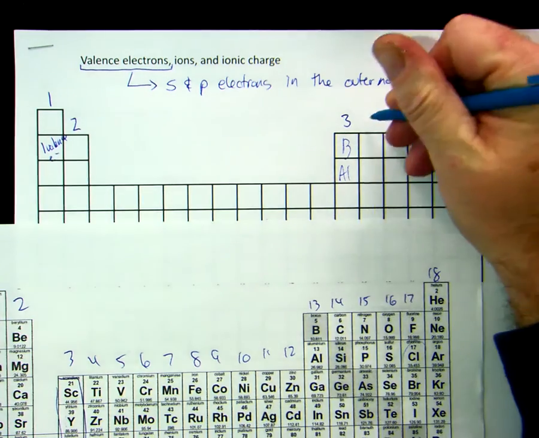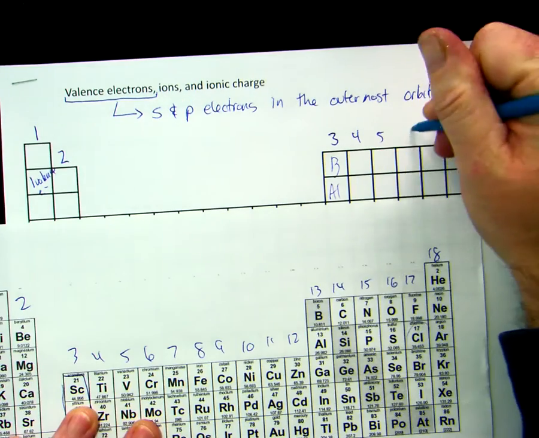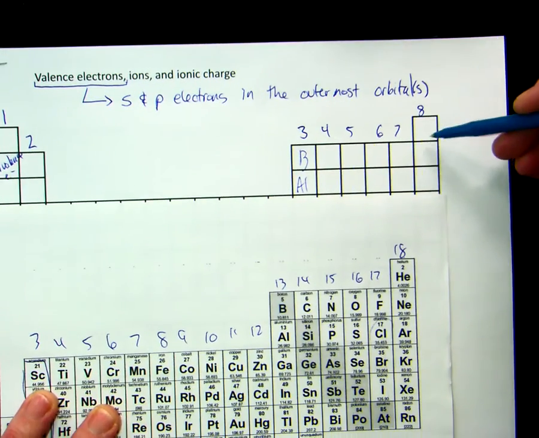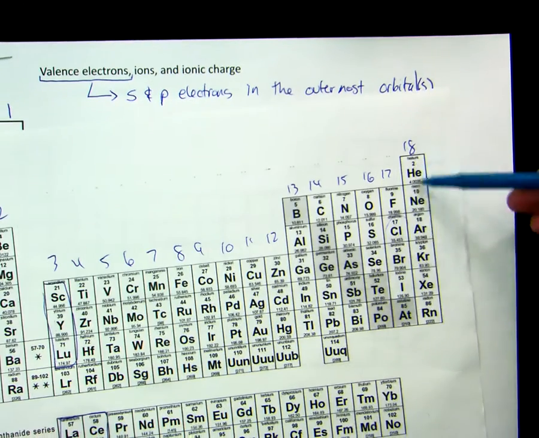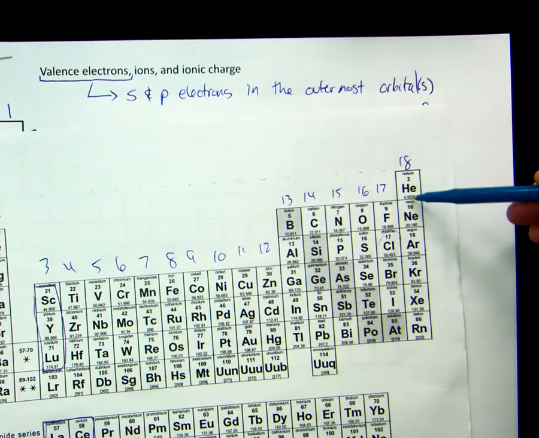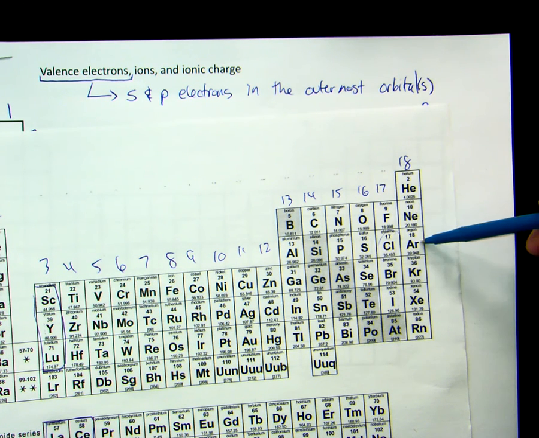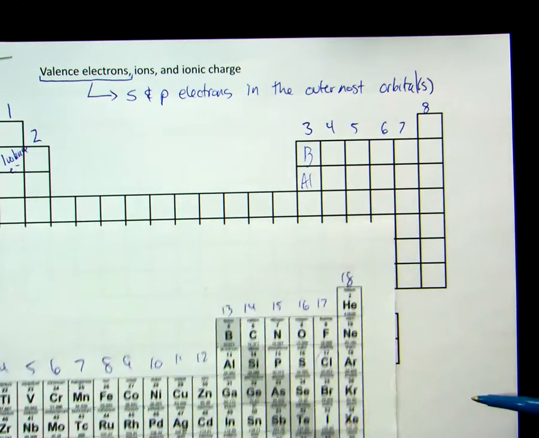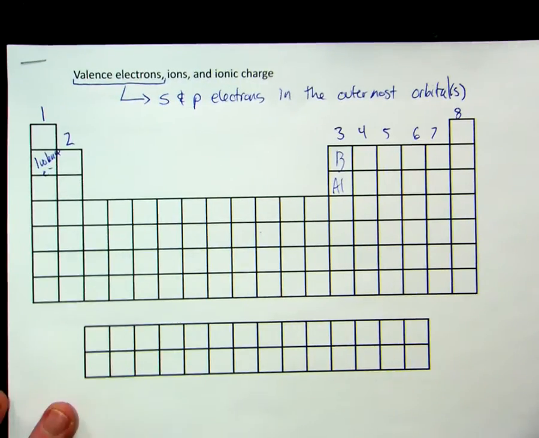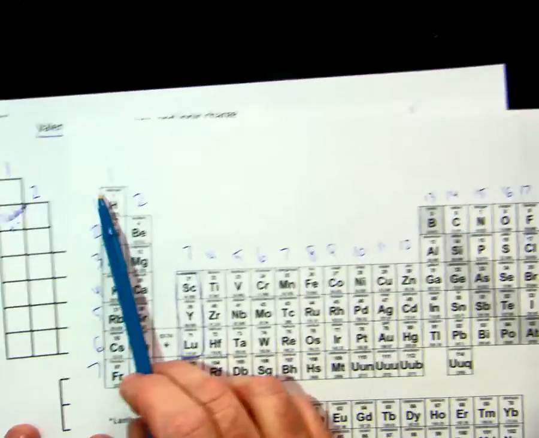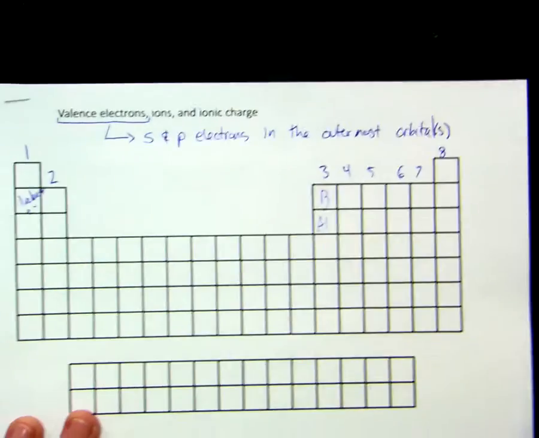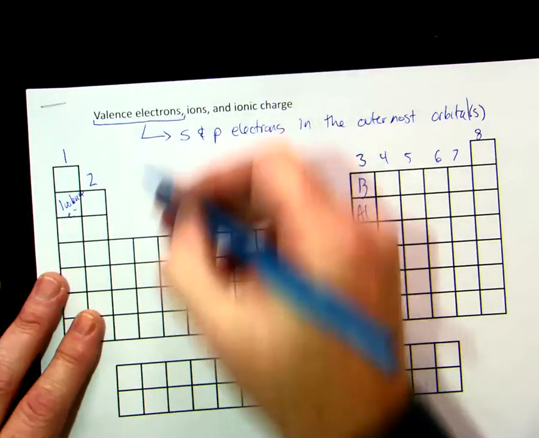So we put 3, and then we go across until we get to the noble gases, whose last electrons would be 2s2, 2p6 for neon, and 3s2, 3p6 for argon. So these all have 8 valence electrons. I want to make it clear that I have the column number, which I've written here, and now I've written the number of valence electrons.